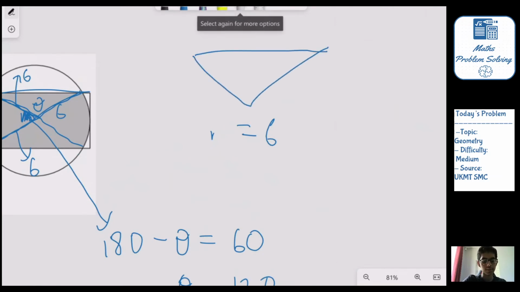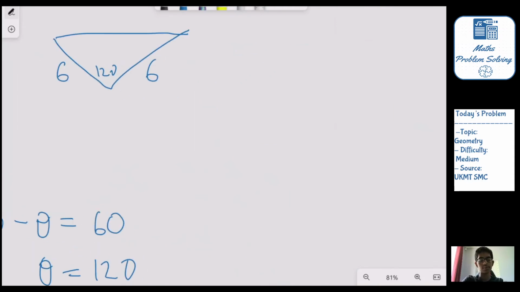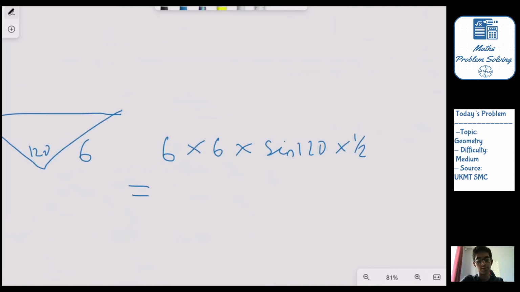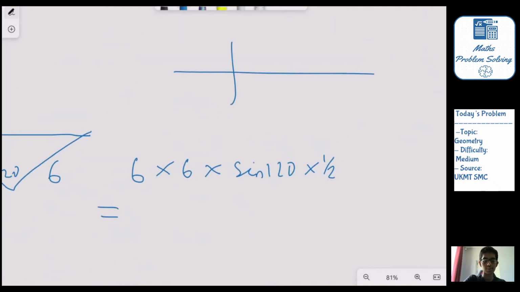I'm just going to rub out this radius equals 6. So we know that theta is 120. This is 6, this is 6. Therefore, the area of this triangle would equal 6 times 6 times sine of 120 times a half. Now, sine of 120 is the same as sine 60. If we just look at sine's curve quickly, we know that it has symmetry.